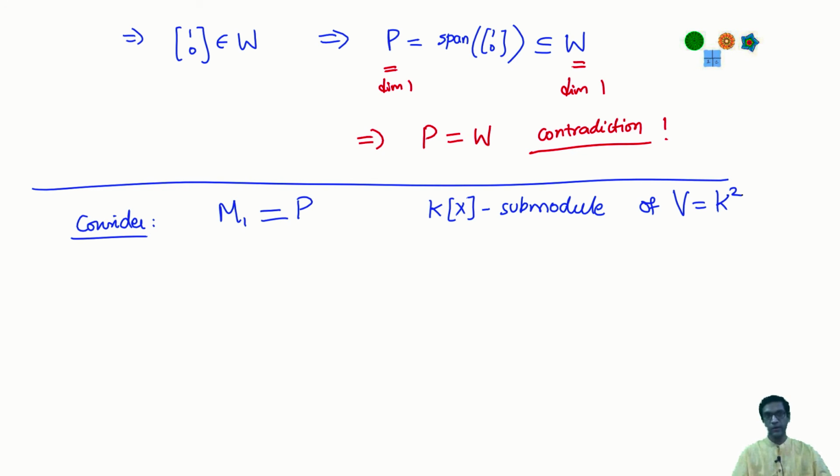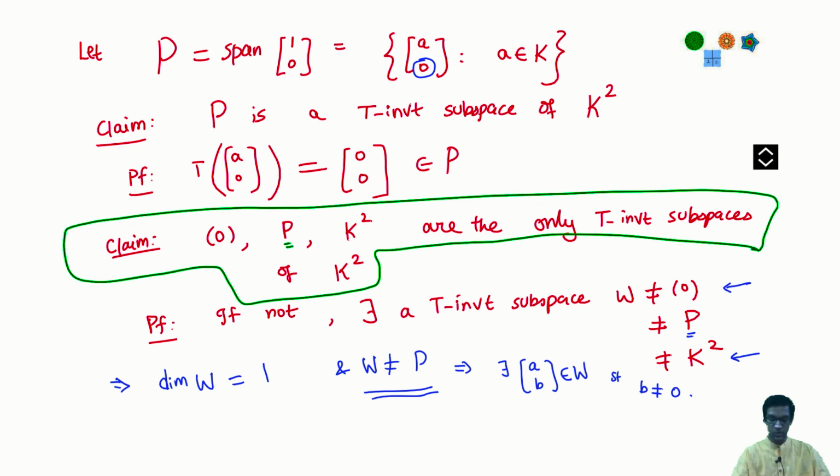Okay, why not? Well, because there aren't any subspaces possible. What are the only possible invariant guys? You can either take P, 0 or K^2, right? And well, let's see, what do you need for a complementary subspace? At the very least, you need that the intersection of that with P should be 0, right? So I can't take P. P can't be the complement of itself because the intersection is not 0.